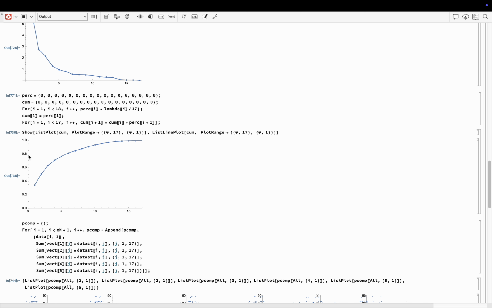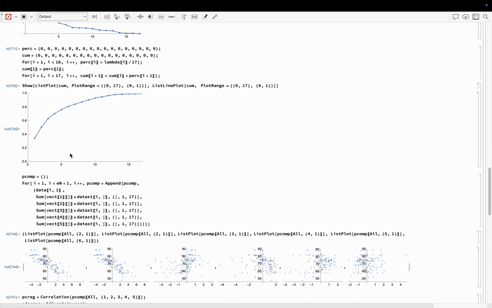Really, when we want to have something like 0.8 of the total variance, as we had in the previous example, we will have to take into account about 6 components, which is a large number if we think of the regression model.